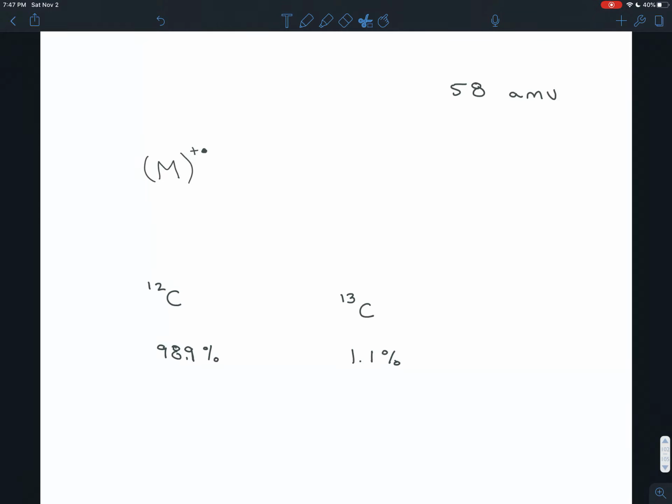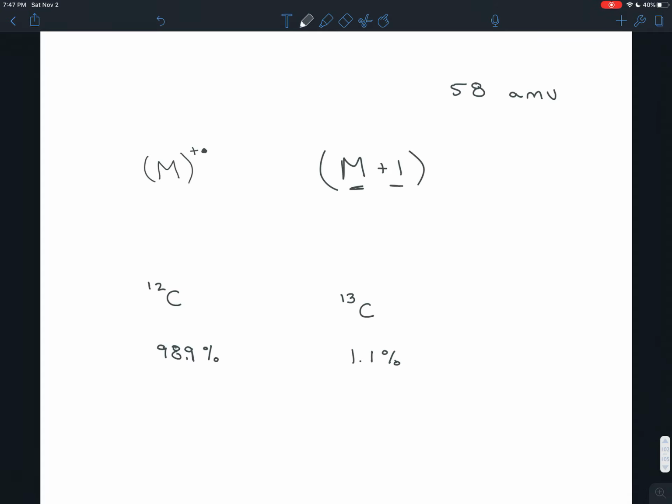We were thinking that there would only be one molecular ion peak. That would be true if every carbon only weighed 12 AMU. But sometimes, 1.1% of the time for every carbon that you have, the molecular ion will actually weigh 1 more than that.